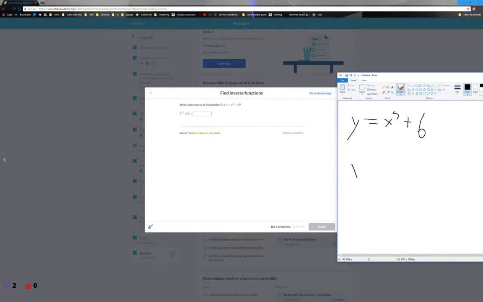So we'll subtract 6 from both sides. y minus 6 equals x to the 5th. And then we will take the 5th root of both sides.